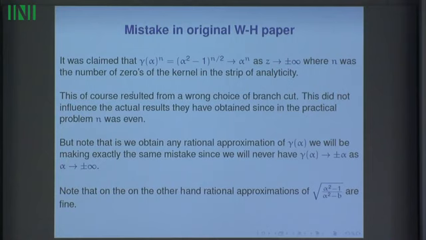So it doesn't change that behavior, but it does matter to us, because if we are going to do any rational approximation of this function, which is valid on the whole real line, we're going to fail, because we'll never catch this behavior.